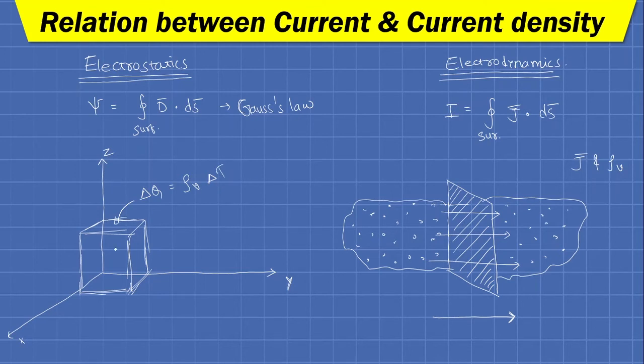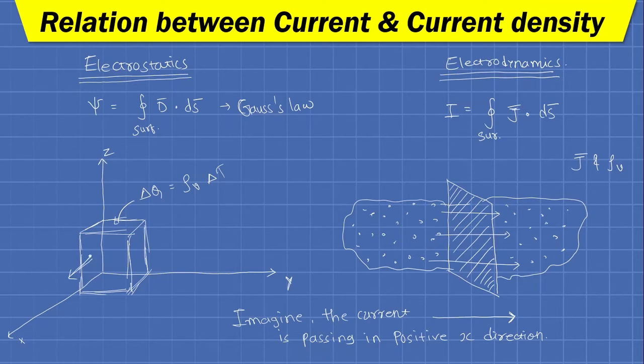Now as the current passes, this volume will travel. Here we are imagining that the current is passing in the positive x direction.